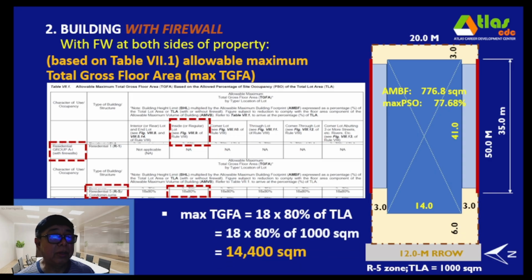And that will give you a value of 14,400 square meters. You also notice that earlier, without firewall, this is also the value that came out, 18 by 80%. So the same value came out for R5 without or with firewall. So we have 14,400 square meters.